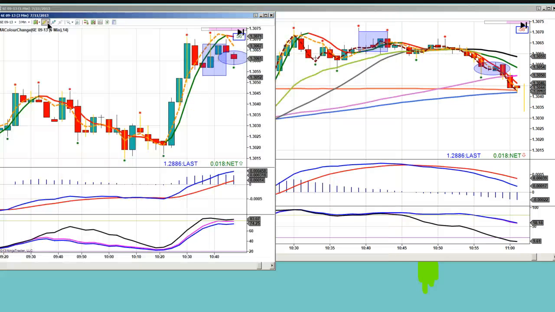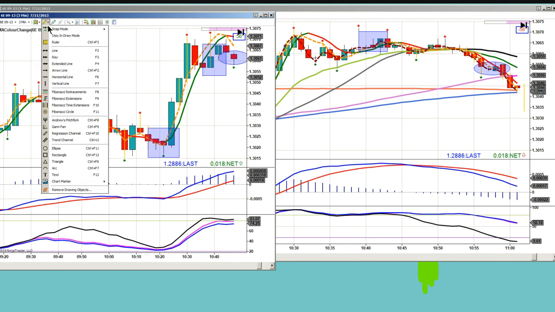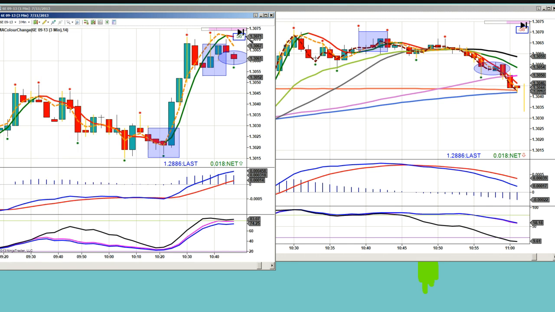So what we want to look for, as we discussed last week, is when the 3-minute chart HMA changes from red to green or green to red, and we want to wait for the candle to get above or below the HMA.